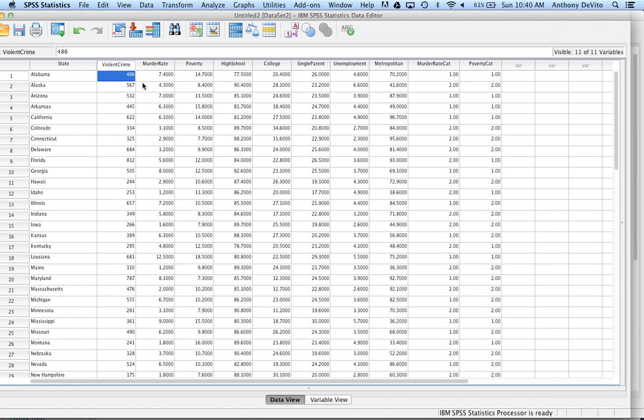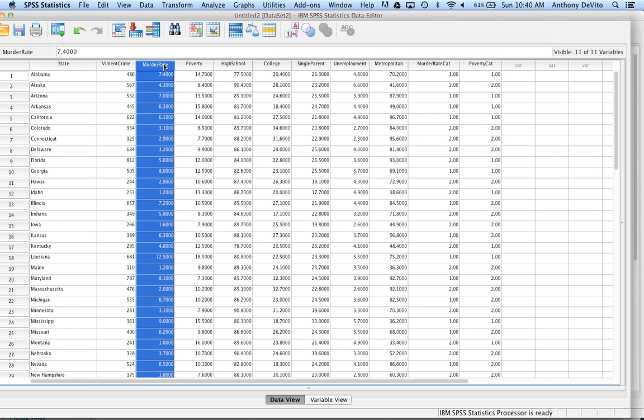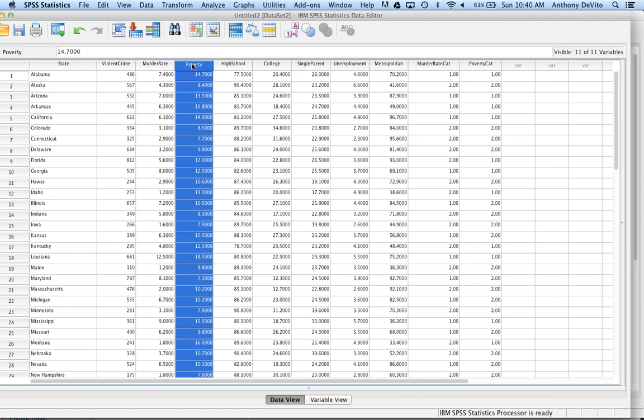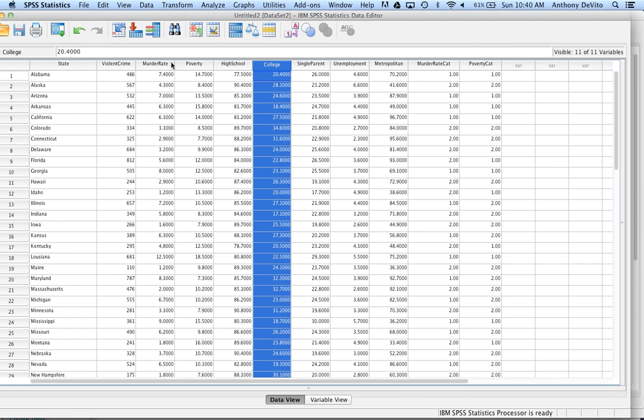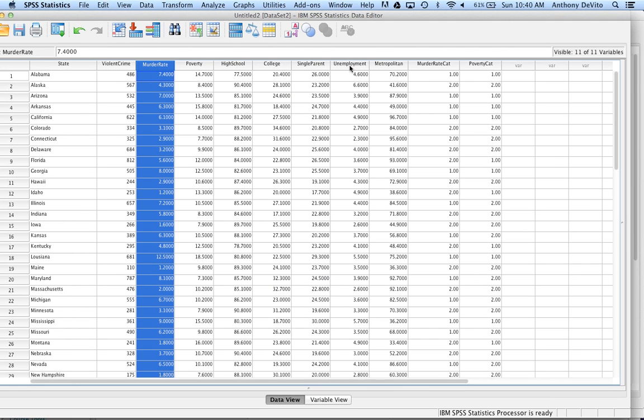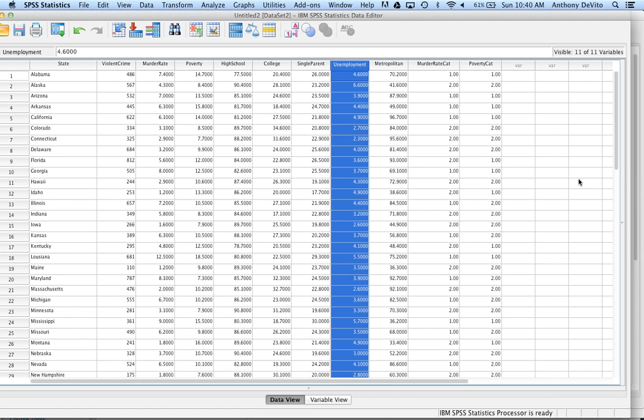Actually calculate it for yourself. But I think it probably makes more sense to just use the murder rate that they're already giving you as your variable, and then compare murder rate to poverty level, murder rate to high school graduation rate, murder rate to college graduation rate, murder rate to unemployment rate, and so forth. I think that probably makes more sense.